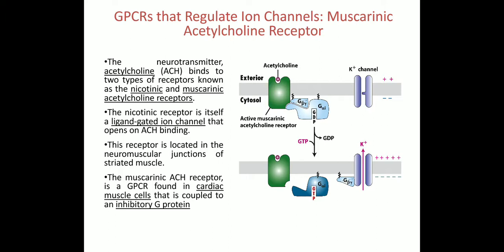Some neurotransmitter receptors have sodium and potassium channels as their effector protein.